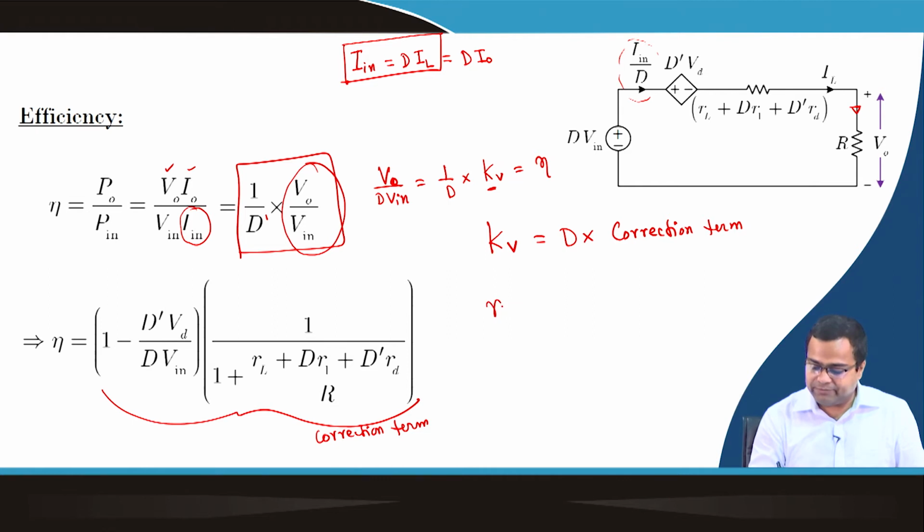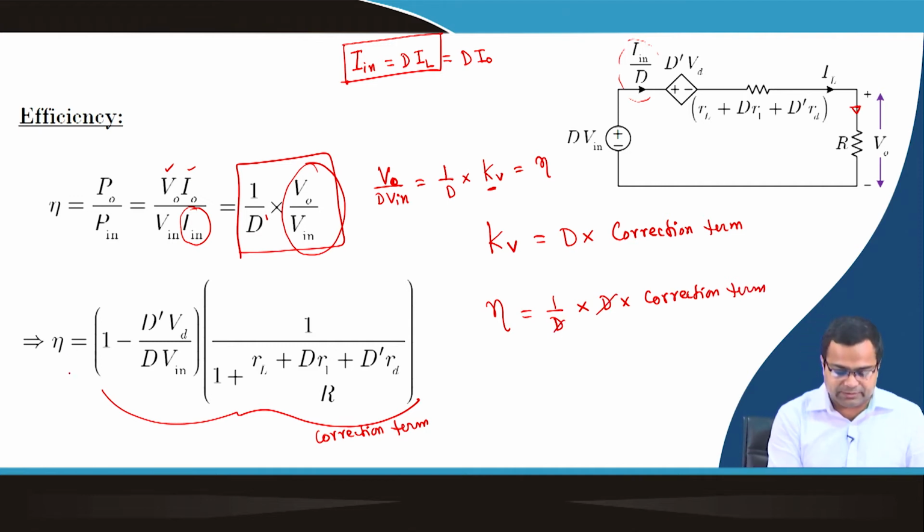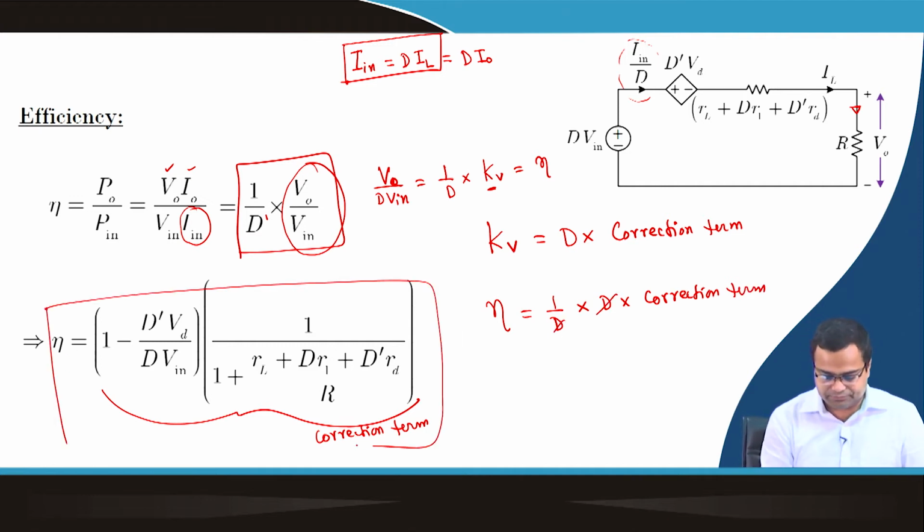That means my efficiency is 1 by D times D into correction terms, and this is cancelled. So, this efficiency is simply the correction term.